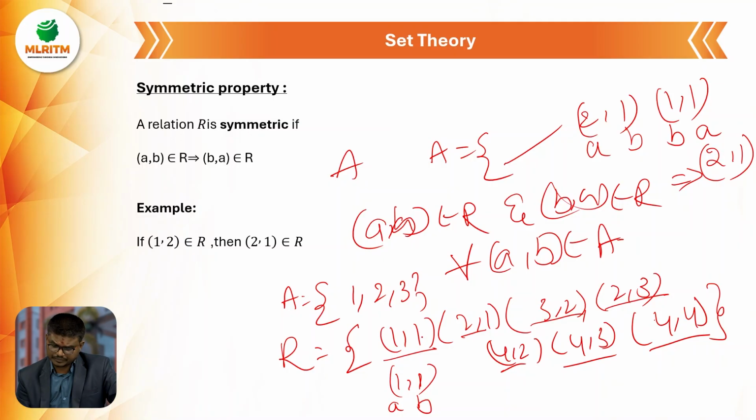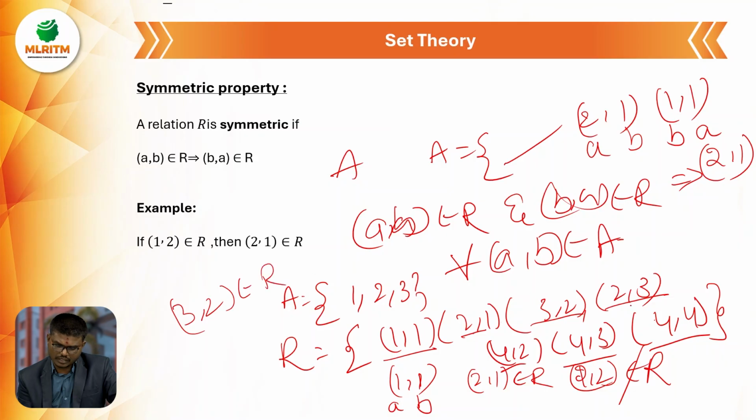So here 2 comma 1 belongs to R, but 1 comma 2 does not belong to R. And here 3 comma 2 belongs to R and 2 comma 3 belongs to R, satisfying the symmetric property.